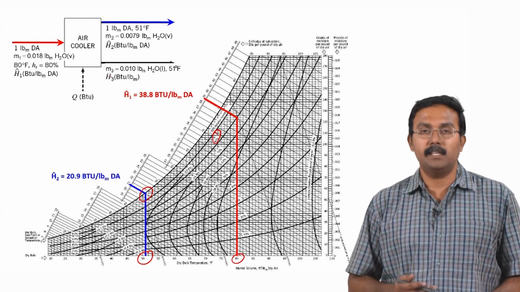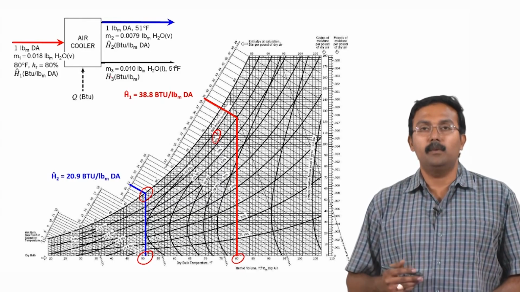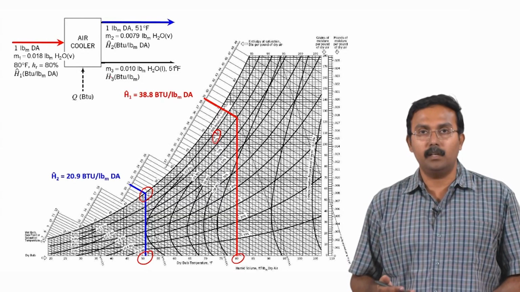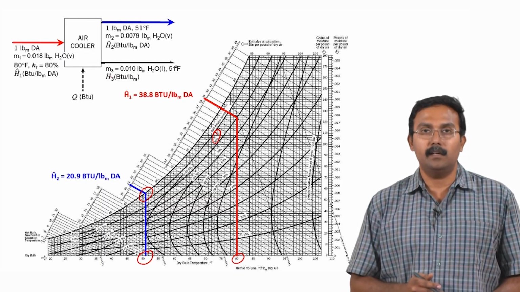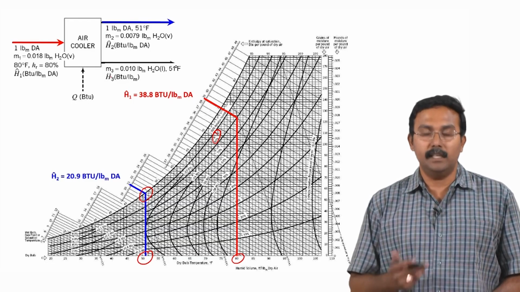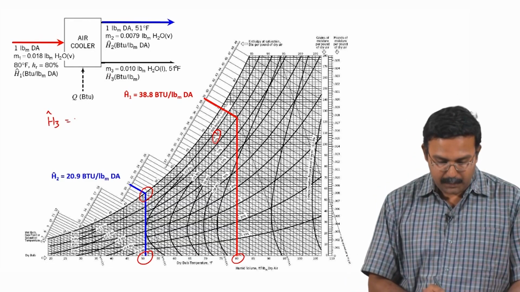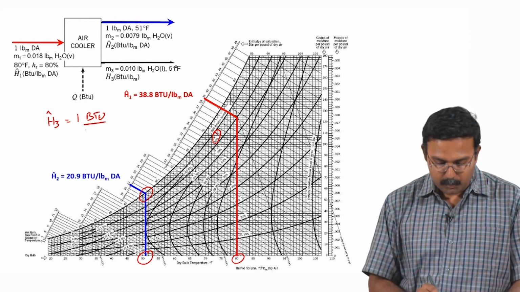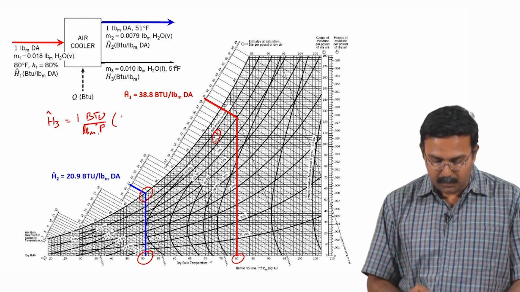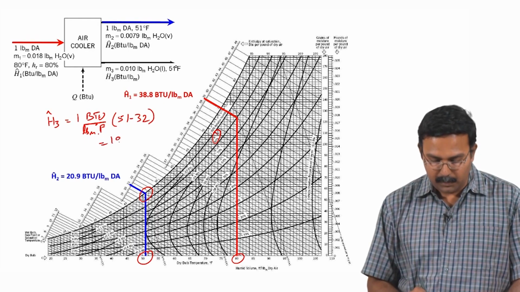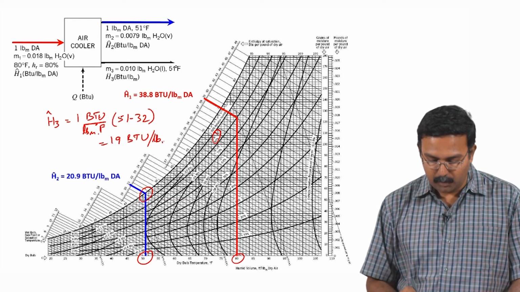H3 cap can be identified directly because it is liquid water, and we know the Cp value for liquid water, which would be 1 BTU per pound mass degree Fahrenheit, and from there you can calculate the enthalpy change as H3 cap equals Cp, which is 1 BTU per pound mass degree Fahrenheit times 51 minus 32, which is equal to 19 BTU per pound mass of water.